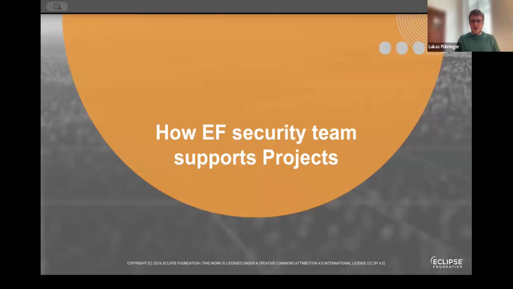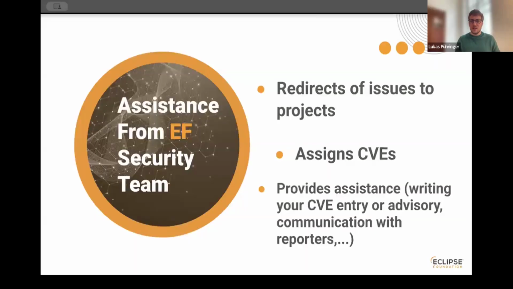As a recap, how do we as a security team support you as Eclipse Foundation projects in this whole process? We usually receive a lot of the vulnerability reports in our mailing list. We redirect them to the projects. We also monitor the GitHub security advisories and the GitLab vulnerability reports repos.